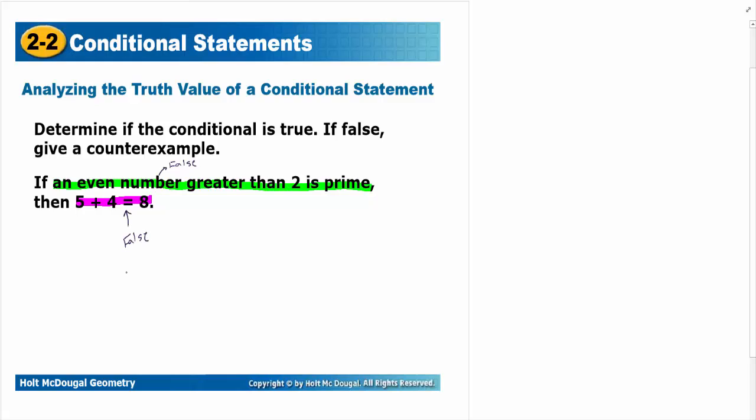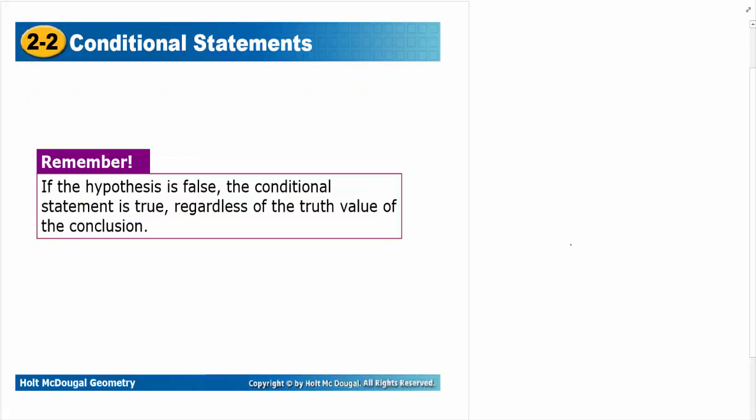Now, in terms of logic, two wrongs do make a right. In this case, talking about the truth value, we're going to actually call this one true. Not that the statement itself is true, but as we move forward, if a hypothesis is false, the conditional statement is true regardless of the truth value of the conclusion.